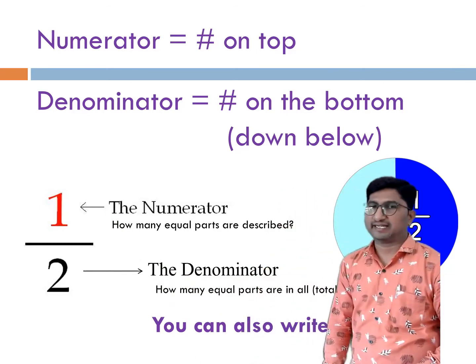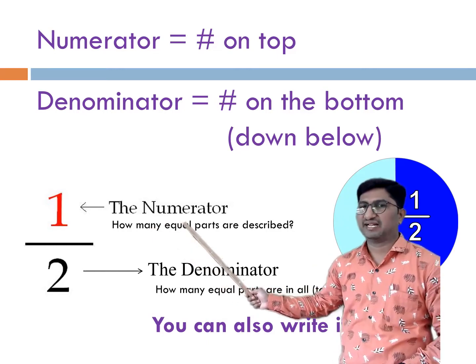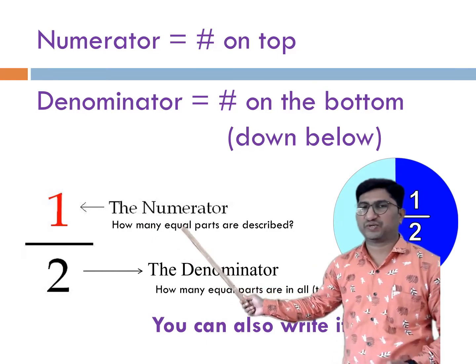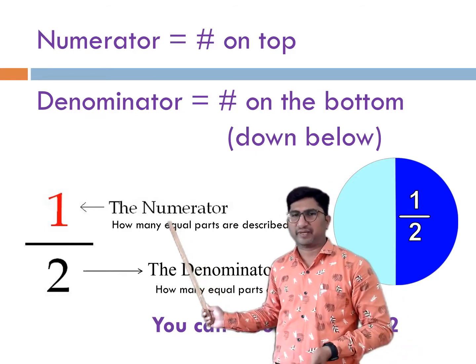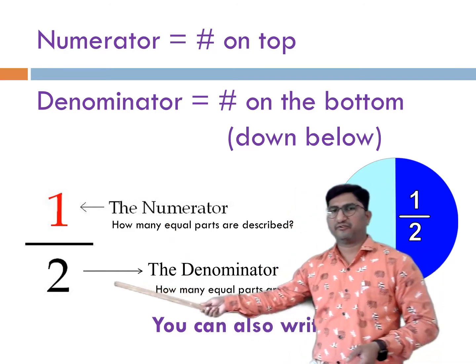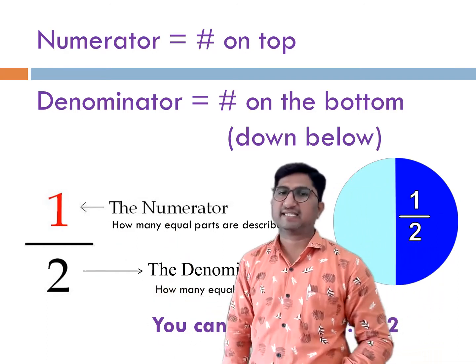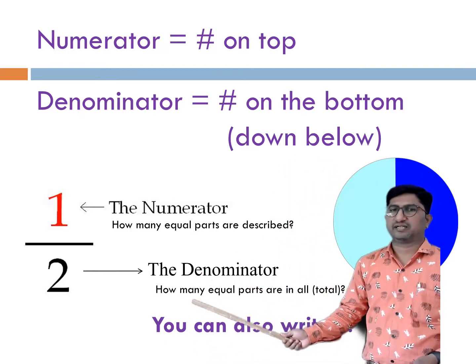The numerator represents how many equal parts we have chosen, how many equal parts we have consumed, or used in any other way that we will see. And the number which is below the line is known as the denominator. Denominator means the total number of parts.